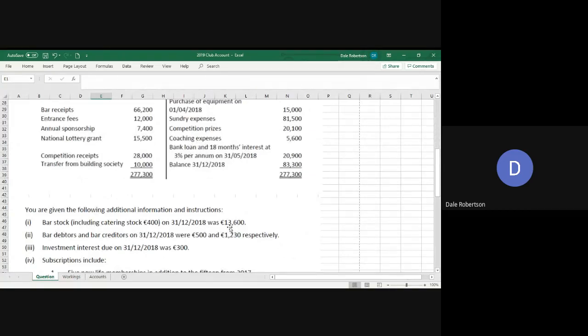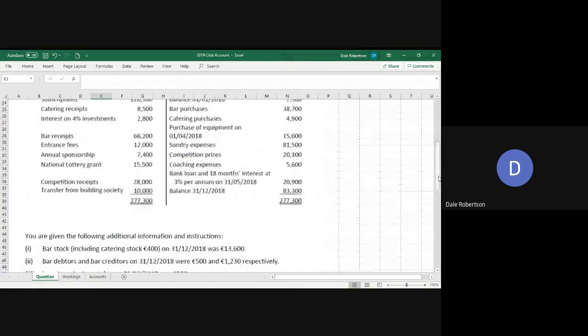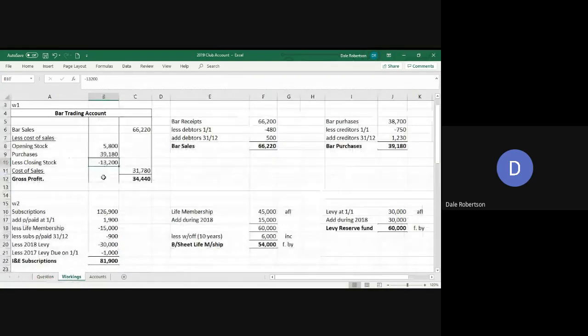So therefore, if we're going to deal with the catering separately, which we need to, because the catering is given to you in the cash account separately, you see it's here, catering receipts and catering purchases, then you need to separate out these closing stocks. So when you take 400 out of the 13,600, that is where we get this 13,200 for our closing stock.